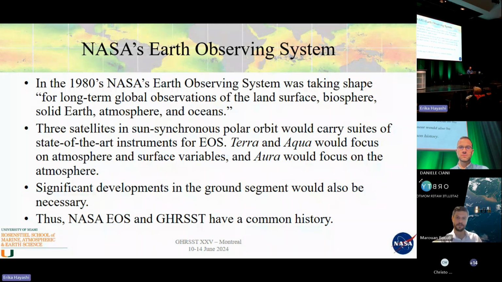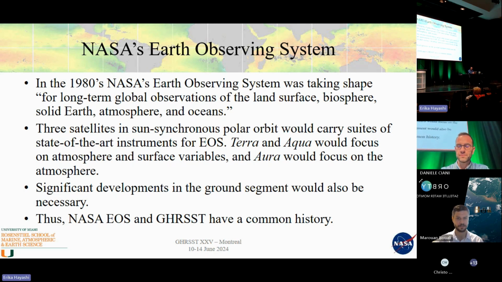There needed to be significant developments in the ground segments at this time. I remember it well. When you wanted satellite data, you got in touch with the receiving station, put in an order, and they mailed you a box of 9-track tapes, which would arrive a few weeks later. This wasn't a very feasible solution to the ambitions of the Earth Observing System.